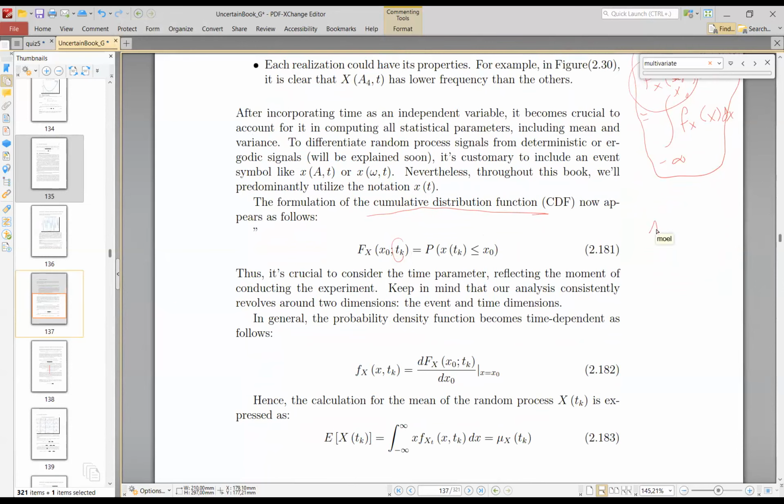if I give you a realistic example that you can also think about: if I asked you, what is the probability that the temperature in Benghazi is less than or equal to 5 degrees? If I asked you this question, actually this question is not complete.